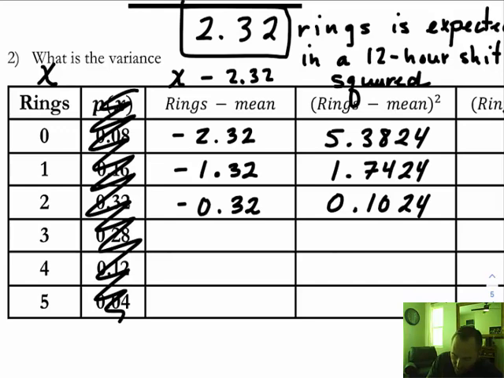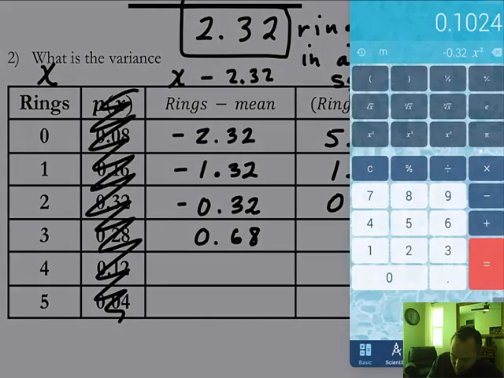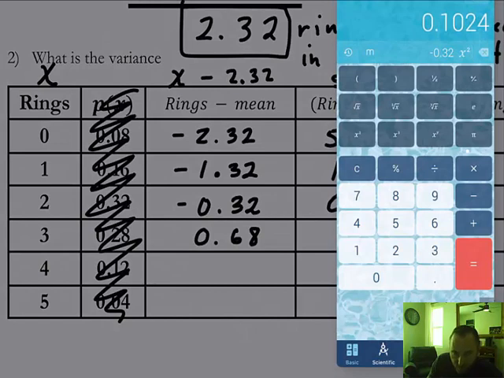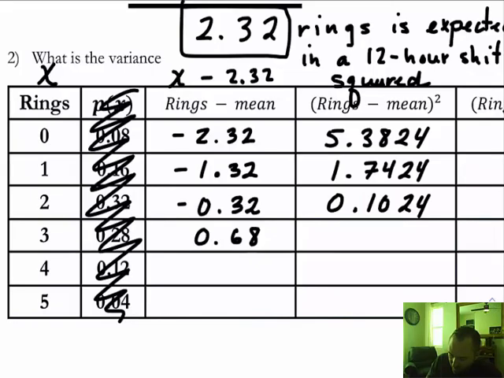Okay, next one, 3 minus 2.32 will be a positive number, 0.68, and then we're going to go ahead and square that. That becomes 0.4624.